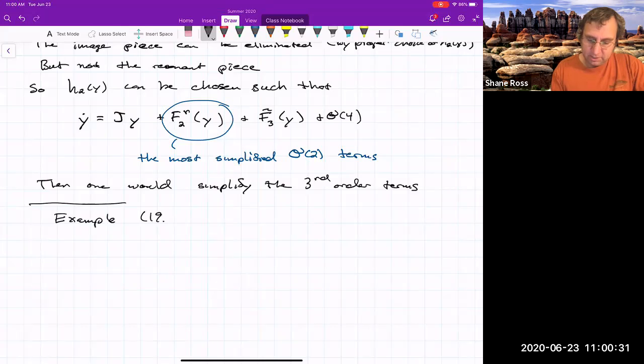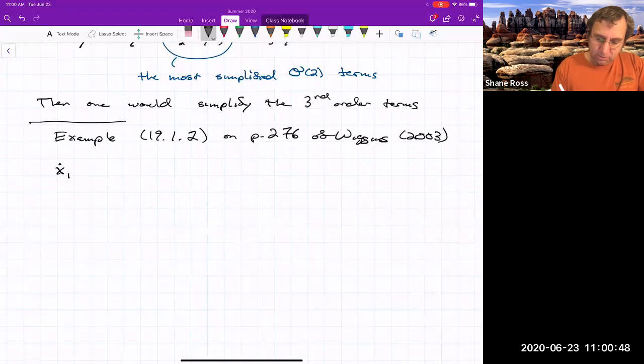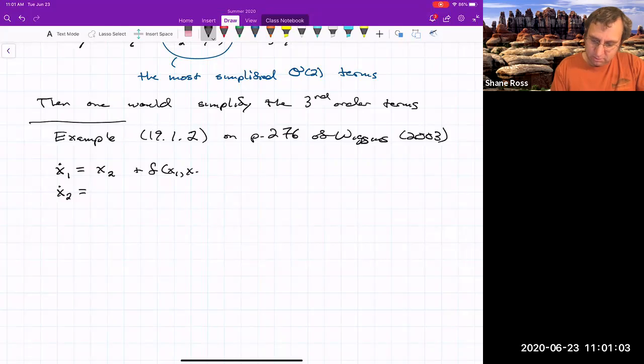So this is example 19.1.2, and it's in Wiggins, so you can look at it there if you want. All right, so here is our original system. It's just 2D, so we'll have x1 dot and x2 dot. Okay, so this is x2 plus some nonlinear function, and then this is some nonlinear function, g.